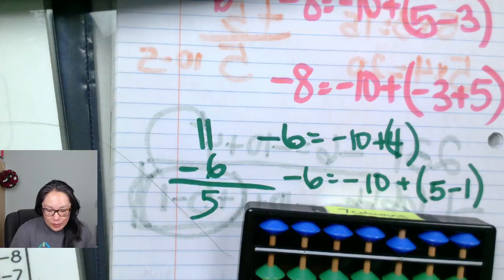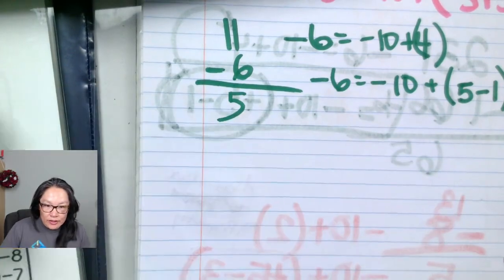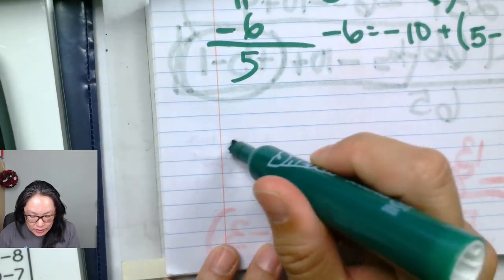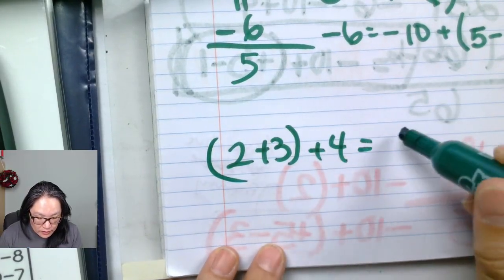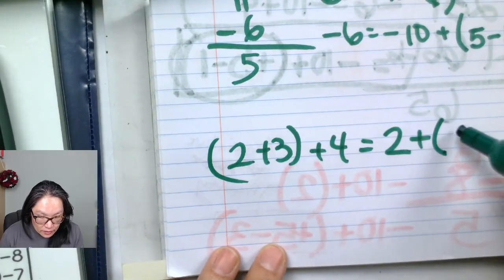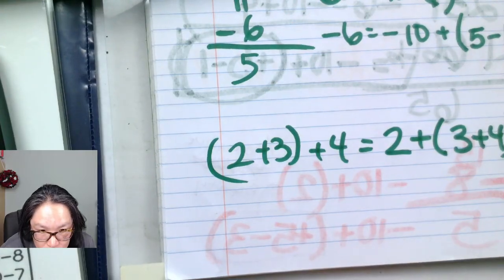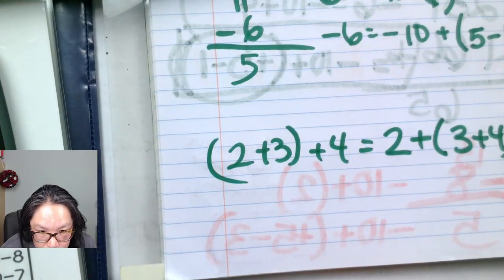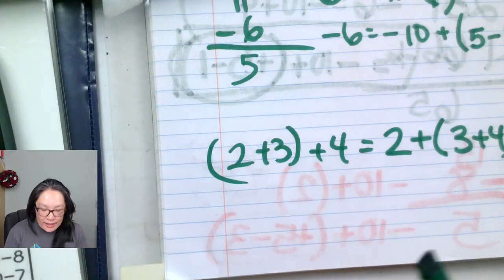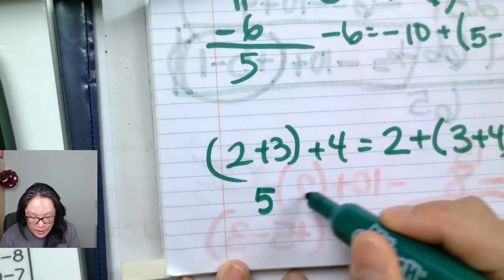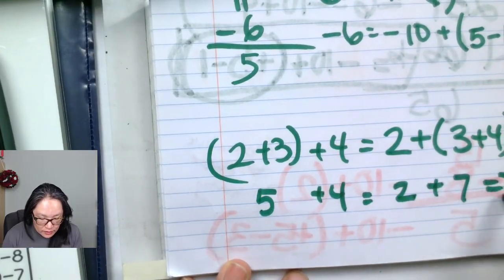Because associative property, it says here, is when you do 2 plus 3 equals 2, 3 plus 4. Sorry, I'm looking at this thing. And so it's 5 plus 4 is equal to 2 plus 7 equals 9.